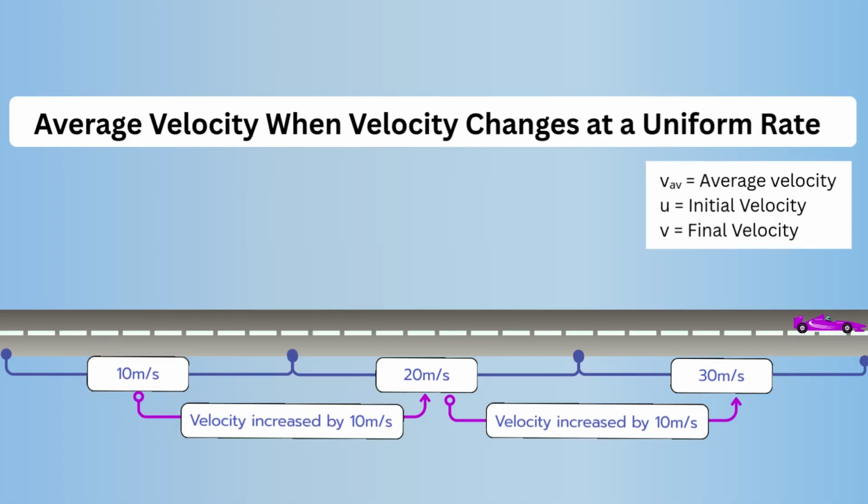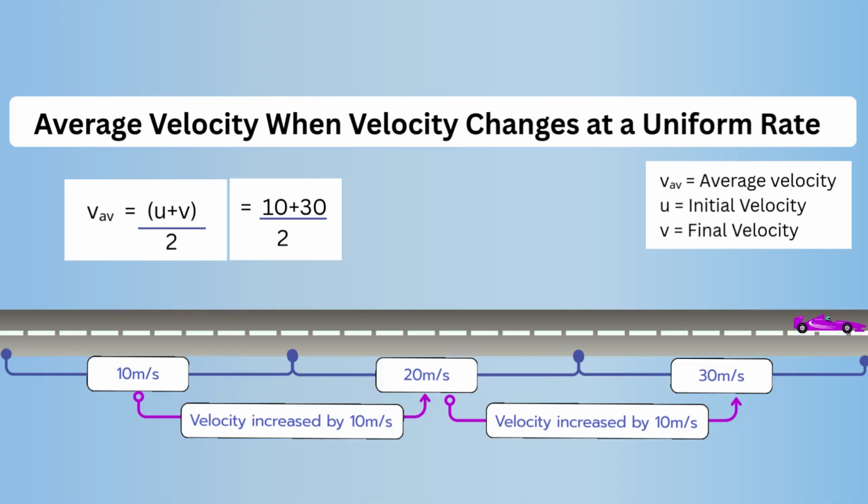Using the formula, average velocity equals initial velocity plus final velocity divided by 2 equals 10 meters per second plus 30 meters per second divided by 2 equals 40 meters per second divided by 2 equals 20 meters per second. So the average velocity during this motion is 20 meters per second. This method makes it very easy to calculate average velocity whenever the change in velocity is uniform.